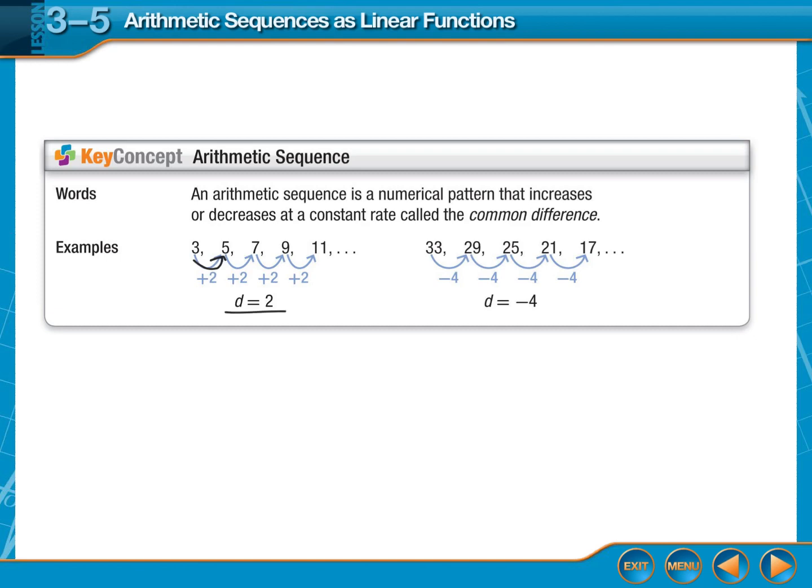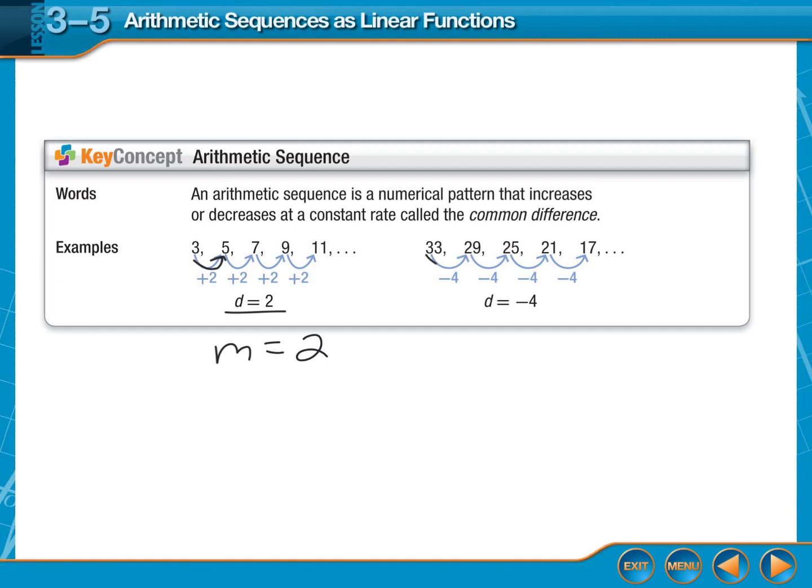In our slope formula, y equals mx plus b, what do you think d can also stand for? Slope, right? This can mean the same thing as our slope because it's what's occurring every single time in between every single term or point. So our m would be 2.